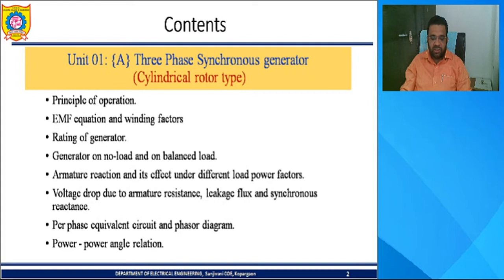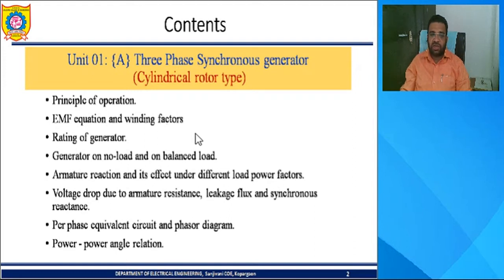That's why the EMF equation of the transformer and the EMF equation of the rotating transformer or AC machine are nearly the same. But the factor which makes the difference is the winding factor. There are two winding factors: one is the concentrated type of factor and another is the distributed type of factor. This is going to be added in this context.